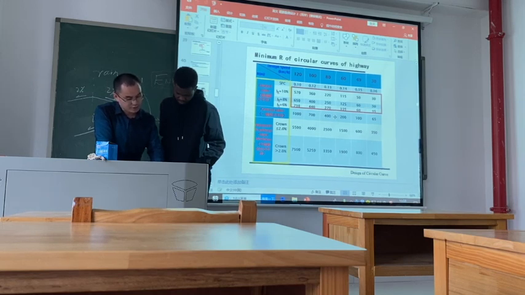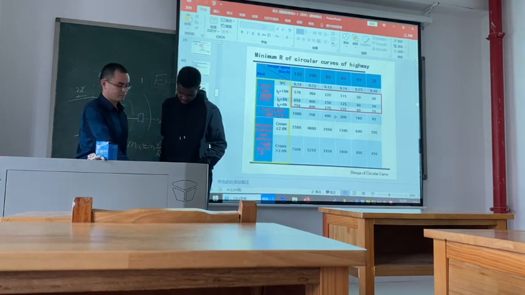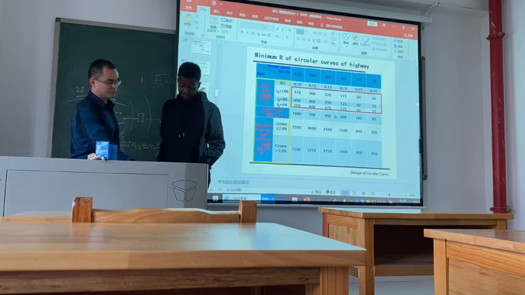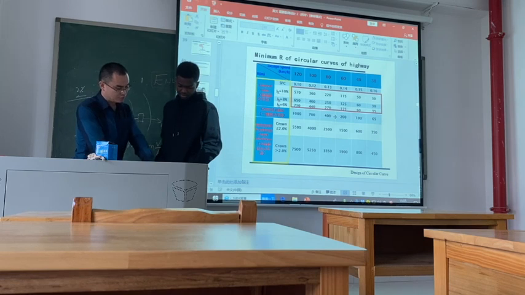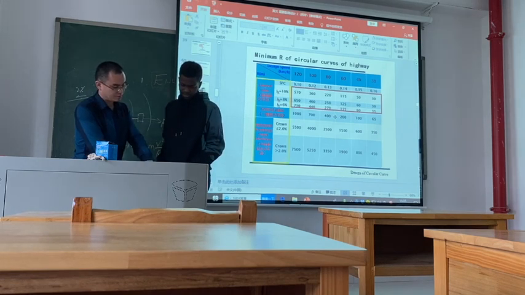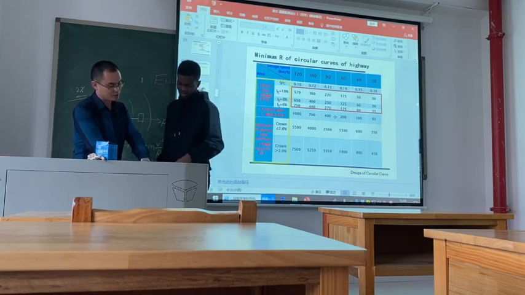Mu is 0.05 to 0.06 in general. So IH is 6%, and mu is in this range.